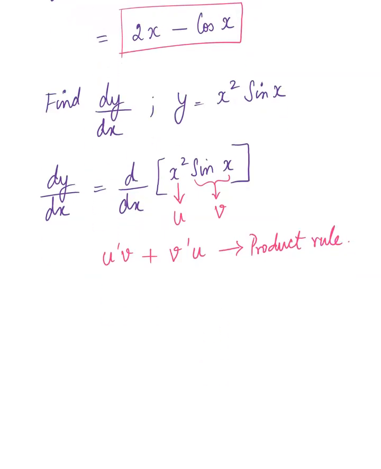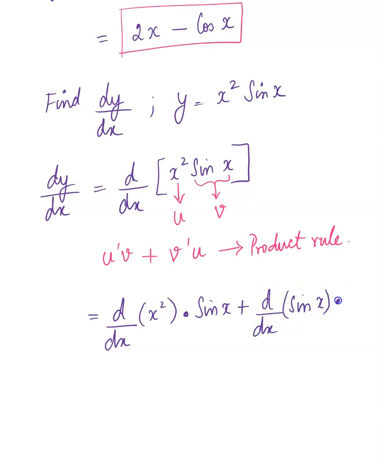Derivative of products. And therefore, for the first term, u prime, the derivative of x squared is 2x times. Maybe I'll just write out the steps in expanded form, just for clarity. U prime v plus v prime, so the derivative of sine x, times u.